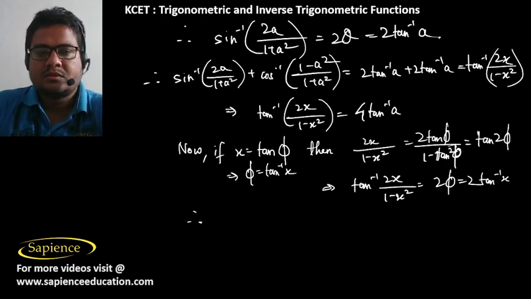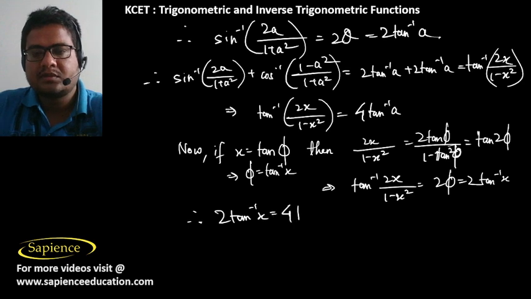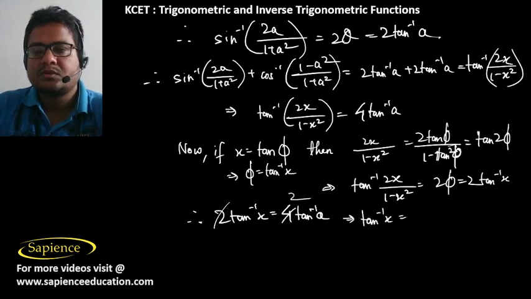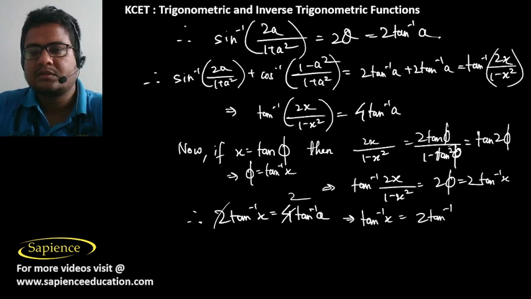So from here, 2 tan inverse x is equal to 4 tan inverse of a. So 2 and 4, 2 will get cancelled. So tan inverse x is equal to 2 tan inverse of a. So x equals tan of 2 tan inverse a.